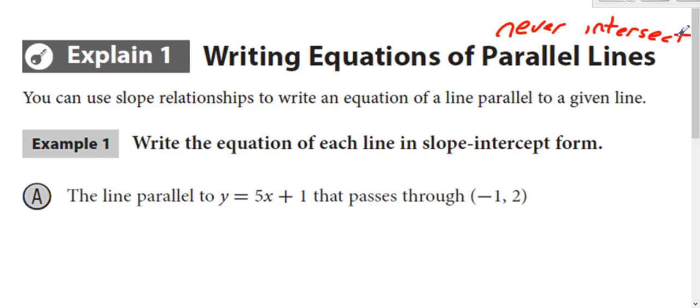So when you're talking about lines that you graphed that never intersect, they have to have the same slope. The only way that they won't intersect is if they have the exact same slope.